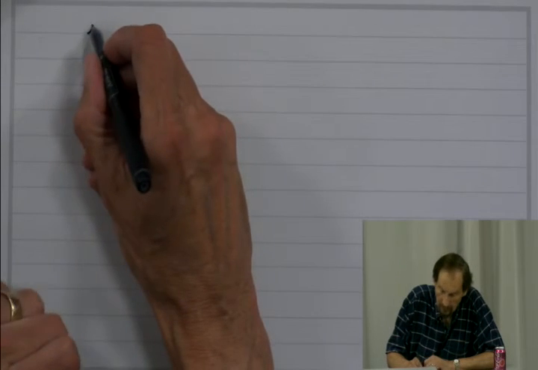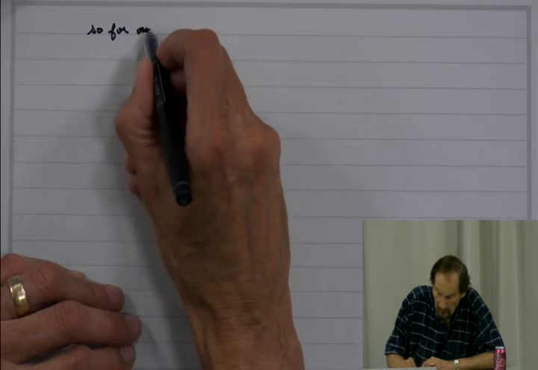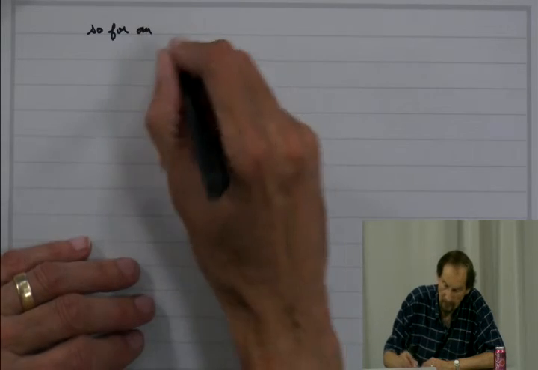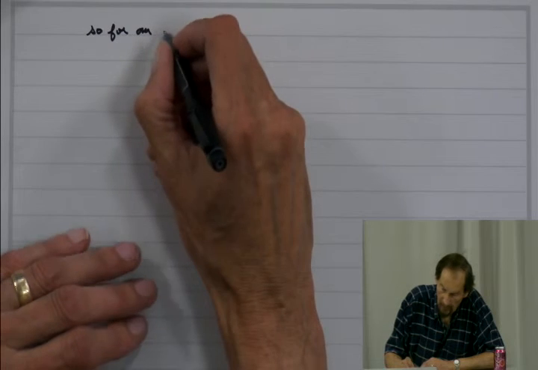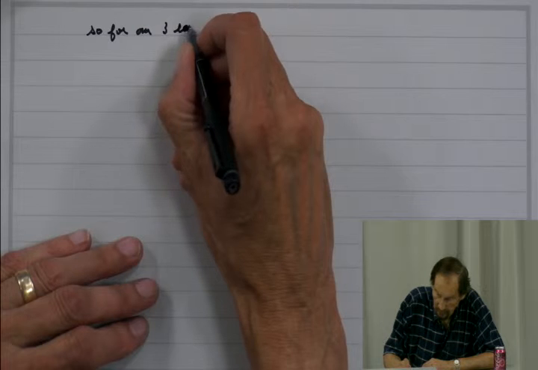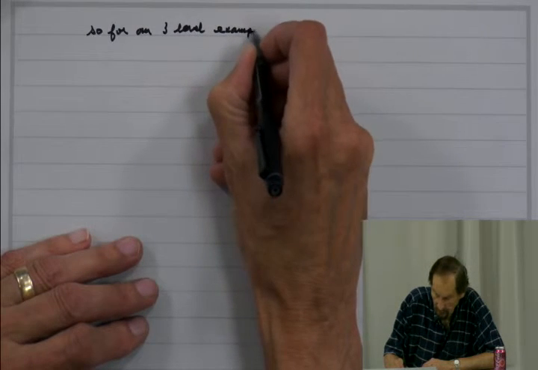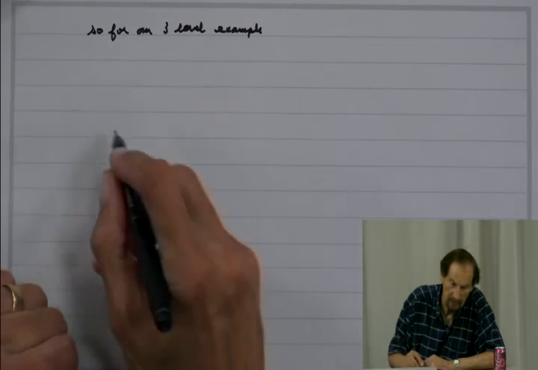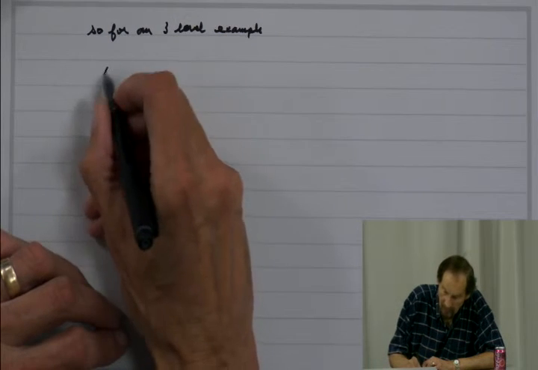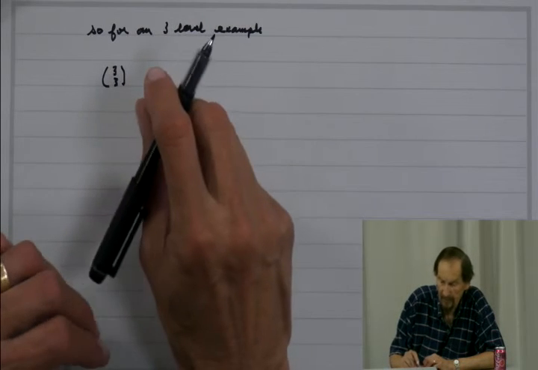So for our three-level example that we looked at, how many ways can you take 3 things out of 3 things?